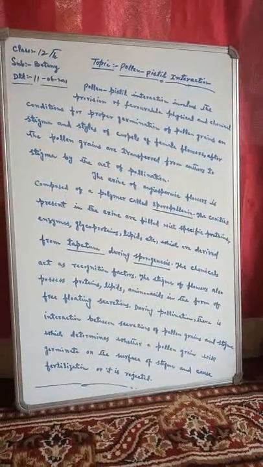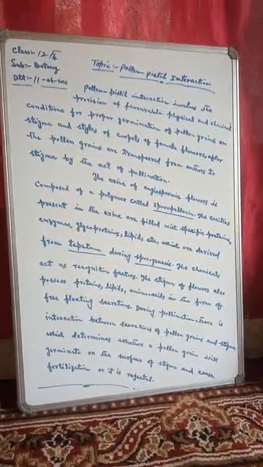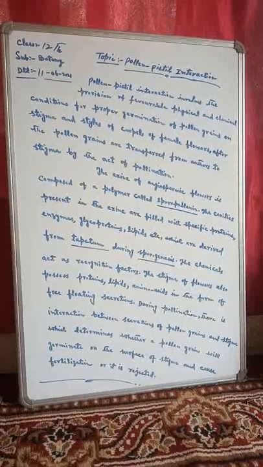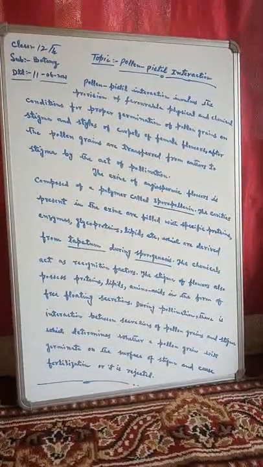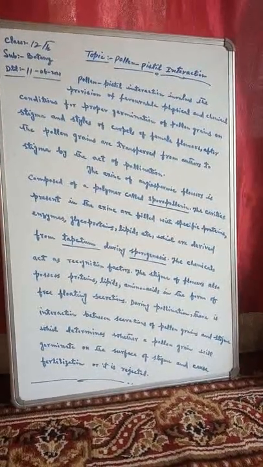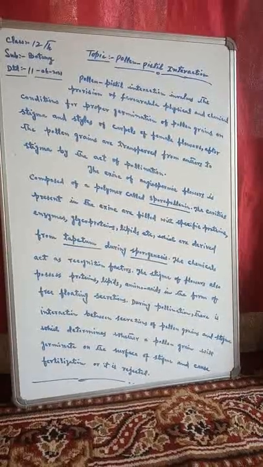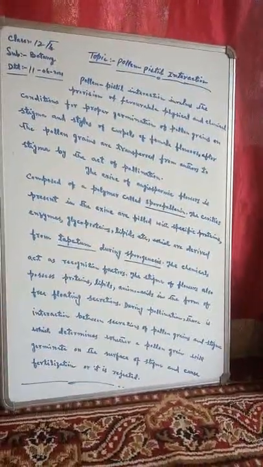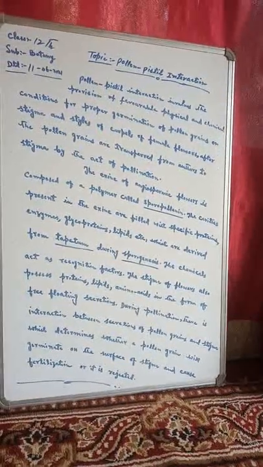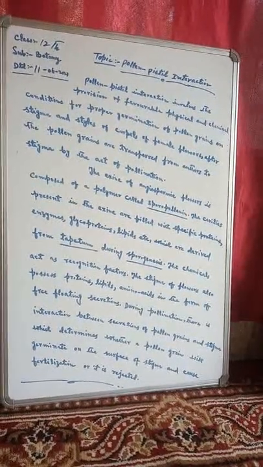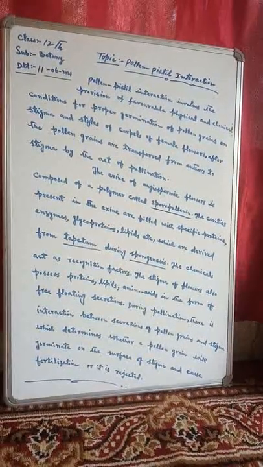The cavities present in the exine are filled with specific proteins, enzymes, glycoproteins, lipids, etc., which are derived from the tapetum of the anther during sporogenesis. The chemicals act as recognition factors.